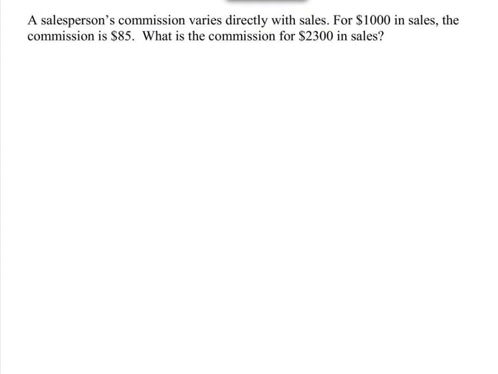Stick with this procedure. The salesperson's commission varies directly with sales. So right off the bat, hopefully you have some sort of signal flare going up in your head that says, I'm going to use what? Y equals kx. How did you find that? Yeah, it says varies directly with sales. So it's a story problem, but it's the same idea. I already know I'm going to use y equals kx. The only issue is I have to figure out what's y and what's x.